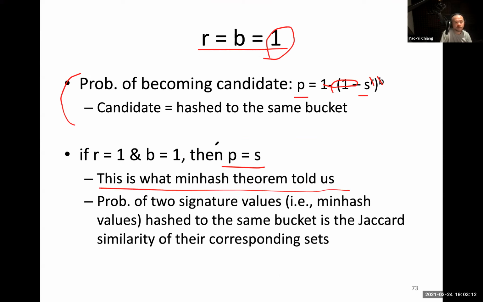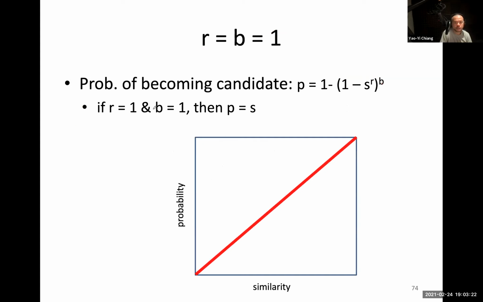The probability of becoming a candidate is your Jaccard similarity. If we look at the chart, similarity and the probability are the same. However, this is not going to work because we always have more than one signature.